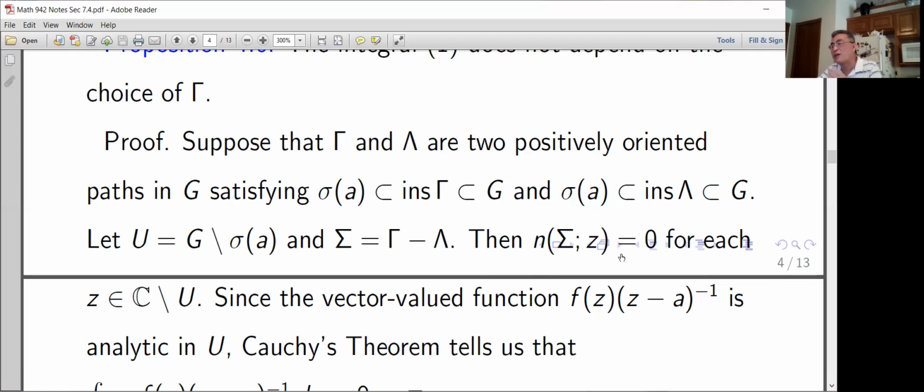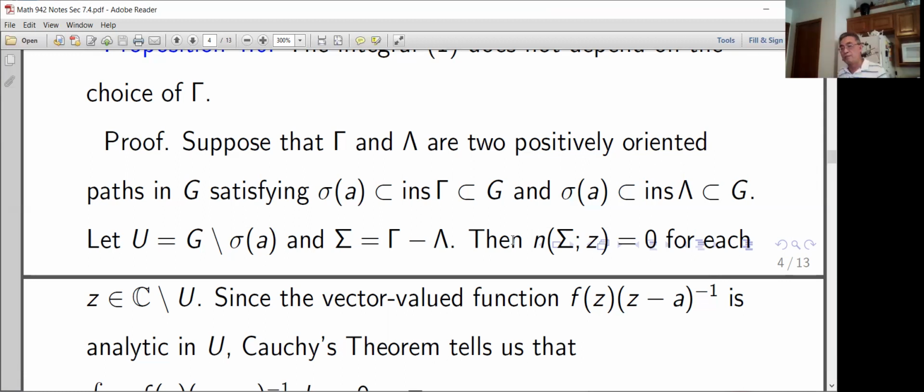Now, case one, z is outside of G. In that case, the winding number of sigma is equal to the winding number of gamma minus the winding number of lambda. Both terms are equal to 0, so this winding number is 0 minus 0, which is 0.